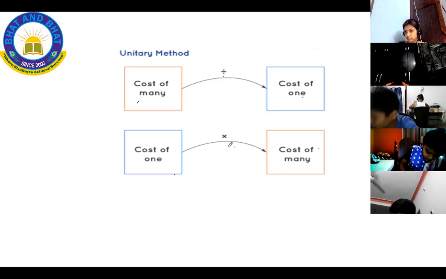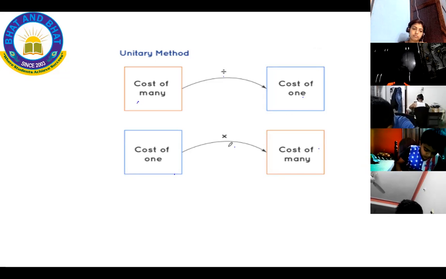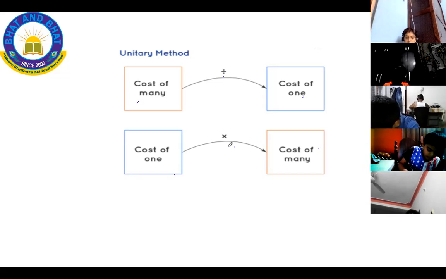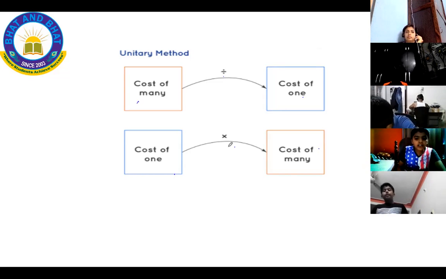Ma'am, the problem we did now, that is division, no, ma'am? Cost of many, no, ma'am? We did division there. Okay, ma'am. Can you show the first example? It is a cost. It is multiplication, ma'am. Division.